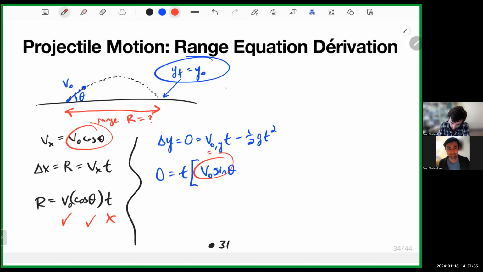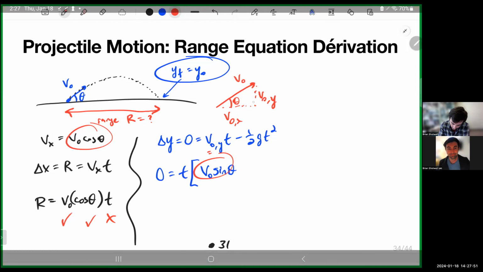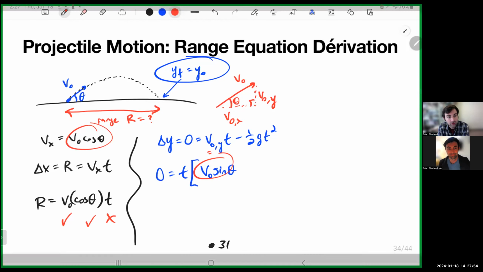And this all comes from taking this initial velocity vector and decomposing it into v naught x and v naught y. If you wrote down sine theta equals opposite over hypotenuse, this is easier to see maybe. So sine theta is opposite over hypotenuse. And then if you rearrange that and solve it for v naught y, you get v naught sine theta.